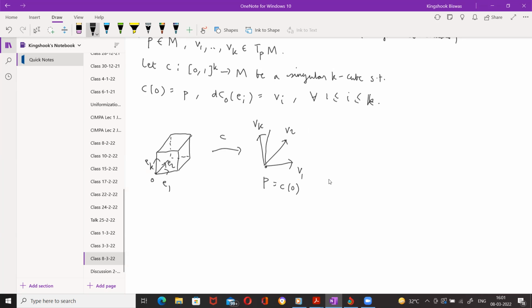It will look tangent like this, something like this.